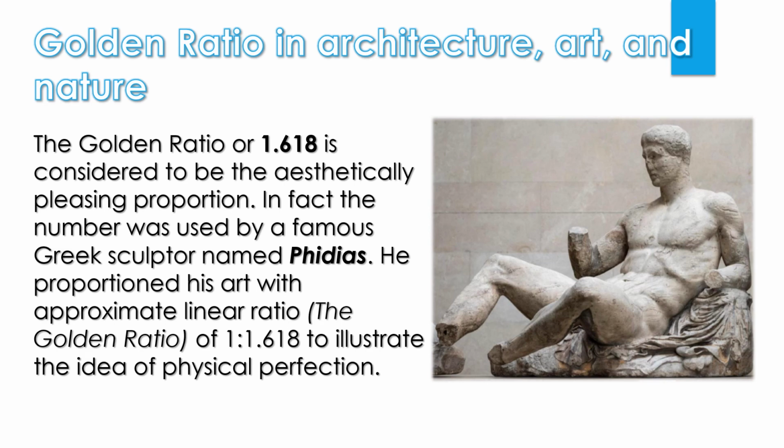In fact, the famous Greek sculptor Phidias proportioned his art with approximately the golden ratio, which is 1 is to 1.618, to illustrate the idea of physical perfection.